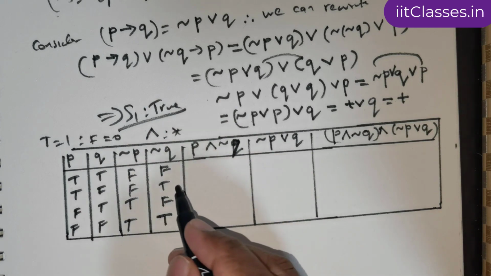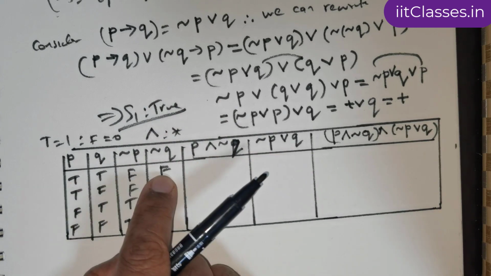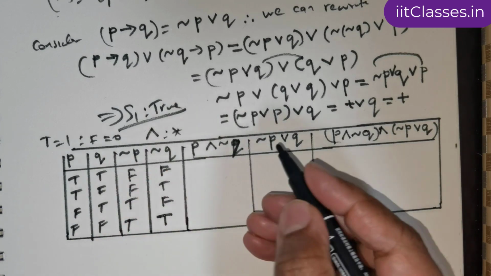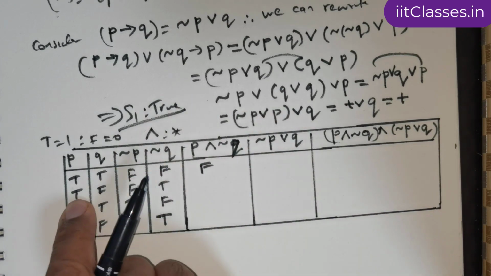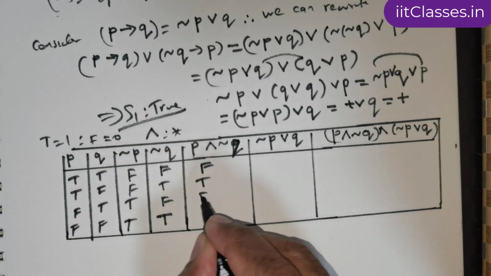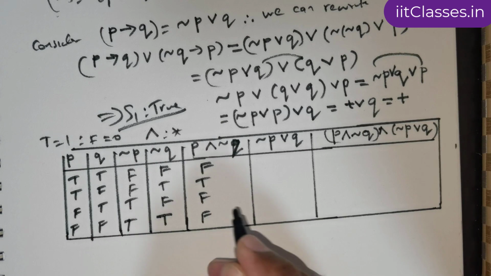That's the clue I've given. So this versus this, 1 into 0 is going to give me 0. That's F, 1 into 1, T, F into F, F, F into T, F.